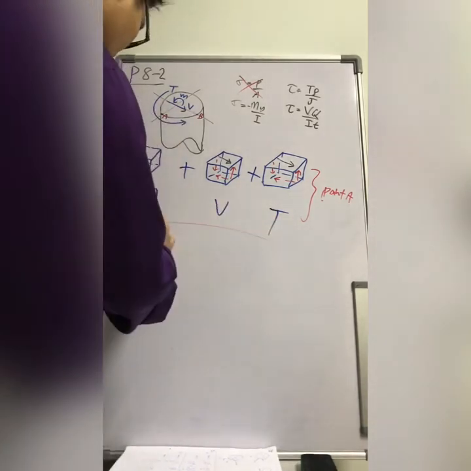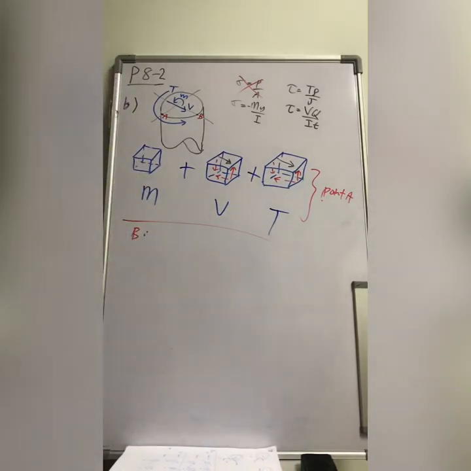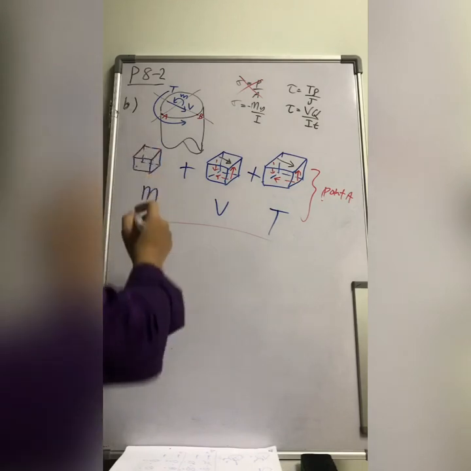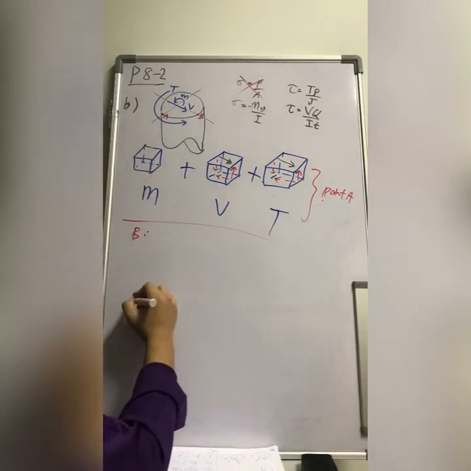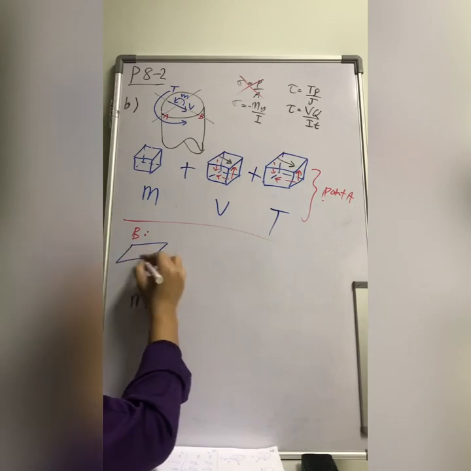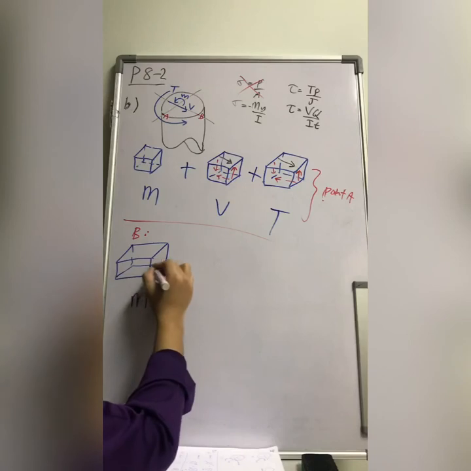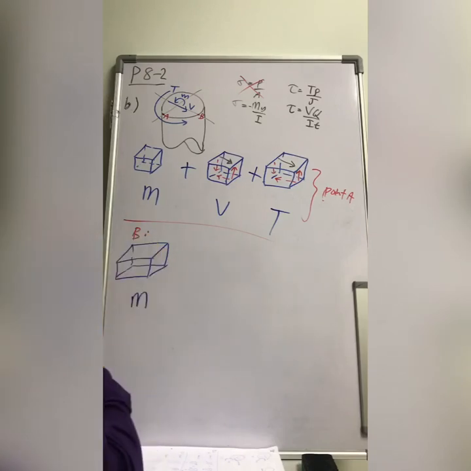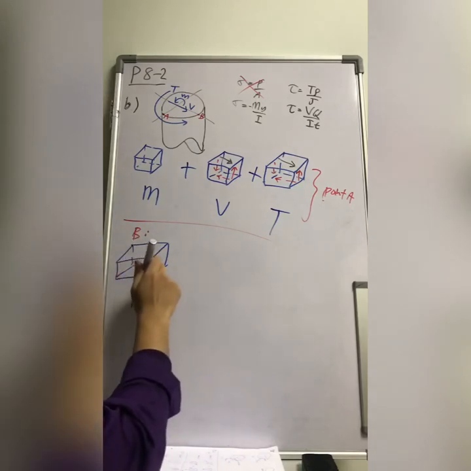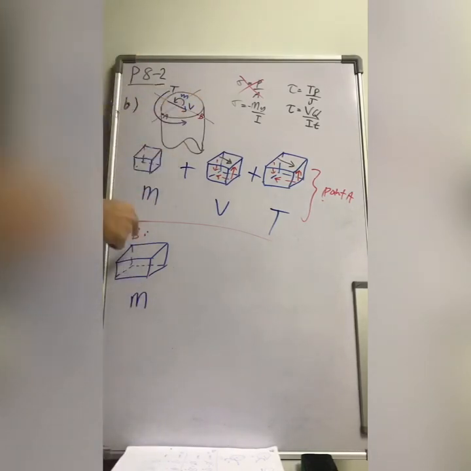Go to B, volume B. So for M, bending moment M, this is the surface, the top one. Do you have bending moment for point B here?